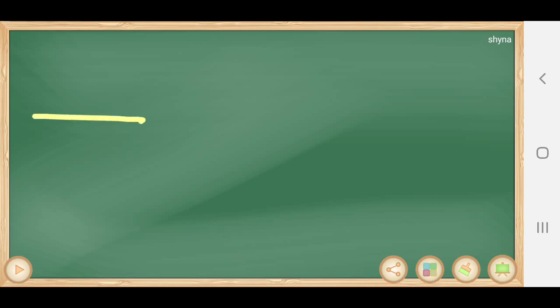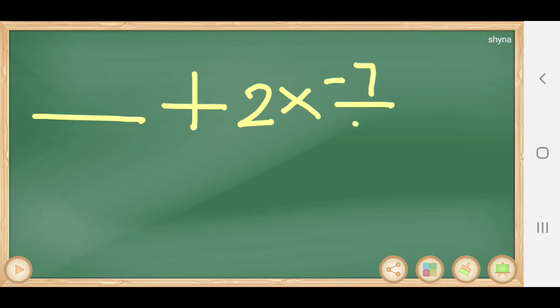When we add that number, add means plus, to twice, that means 2 times, minus 7 by 3, we will get 3 by 7. When we add one number to twice of minus 7 by 3, the total answer is 3 by 7. We don't know that number.